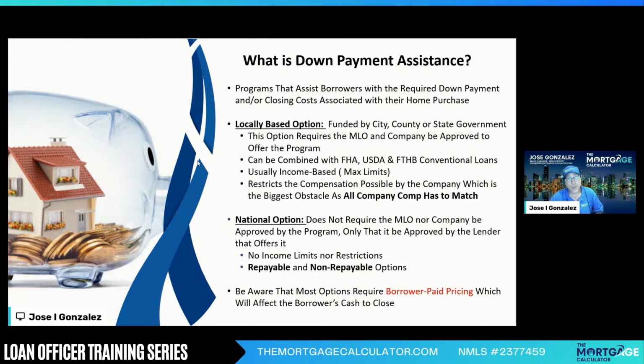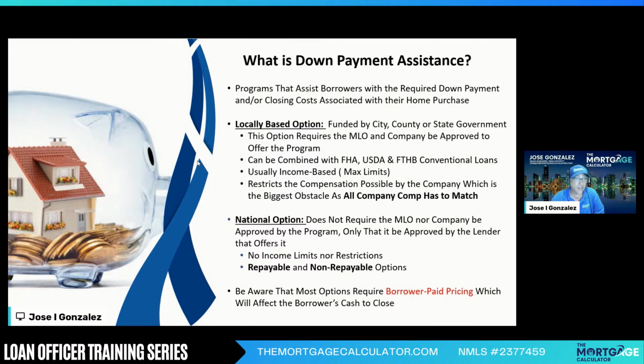So again, I put the locally based option out there just to give some context, so that then we can discuss in more detail the options that we do offer at the mortgage calculator, which is the national option, right? The national option, very importantly, does not require the MLO nor the company to be approved by the program, only that the company be approved by that particular lender or investor that offers it, that we were able to submit our loans to them for review and for funding.